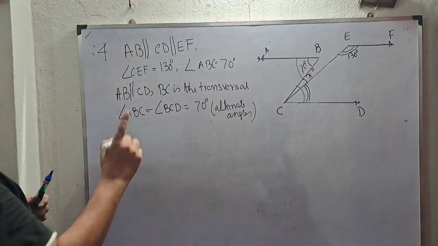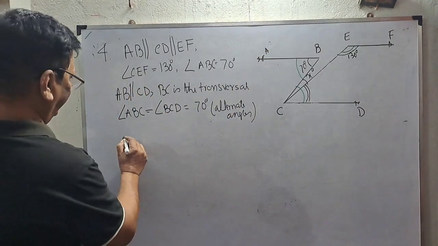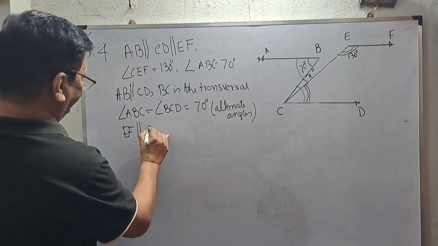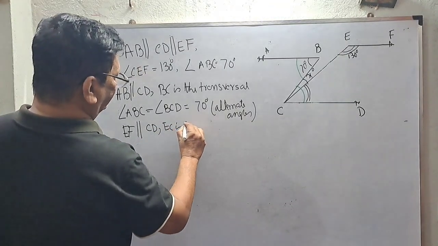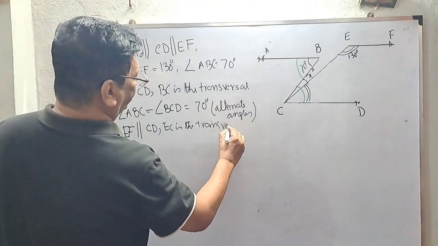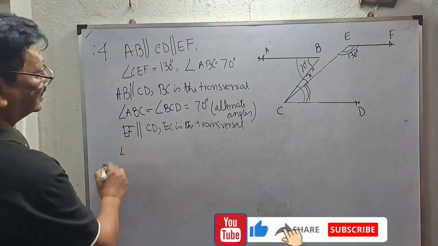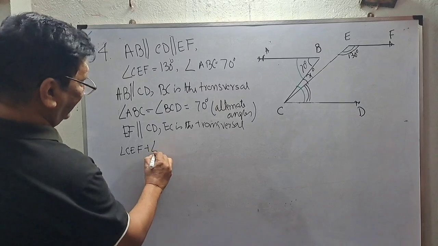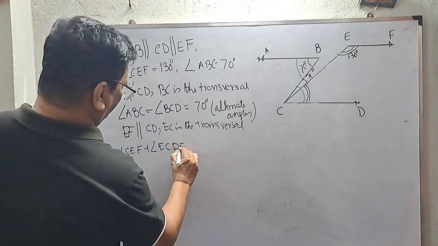Now we find out angle ECD or DCE. How? We say EF is parallel to CD and EC is the transversal. Correct? Therefore, angle CEF plus angle ECD is equal to 180 degree.